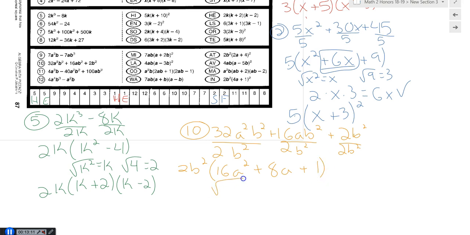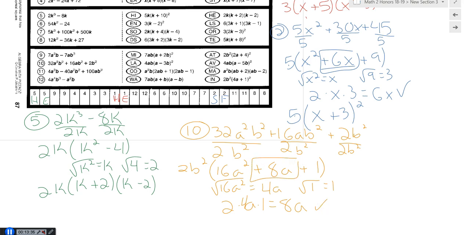Doing my square roots, the square root of 16a squared is 4a. The square root of 1 is 1. Check. 2 times 4a times 1 is 8a.